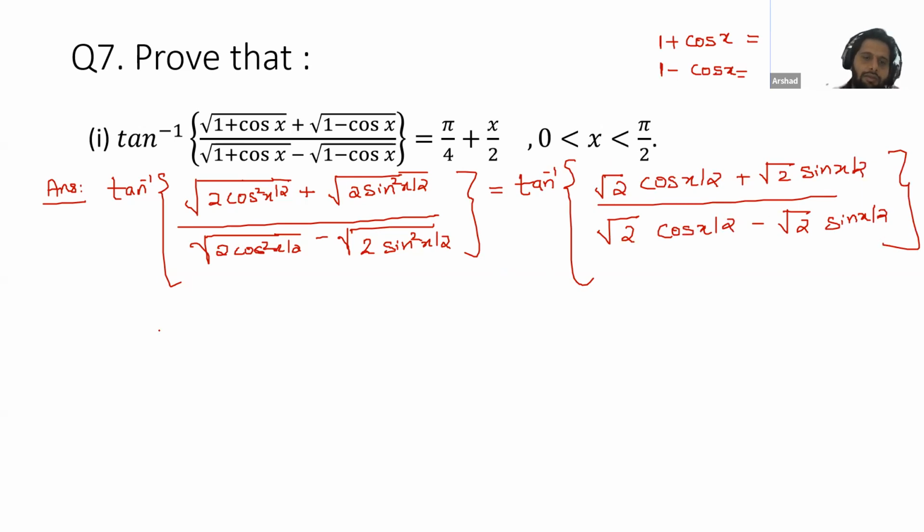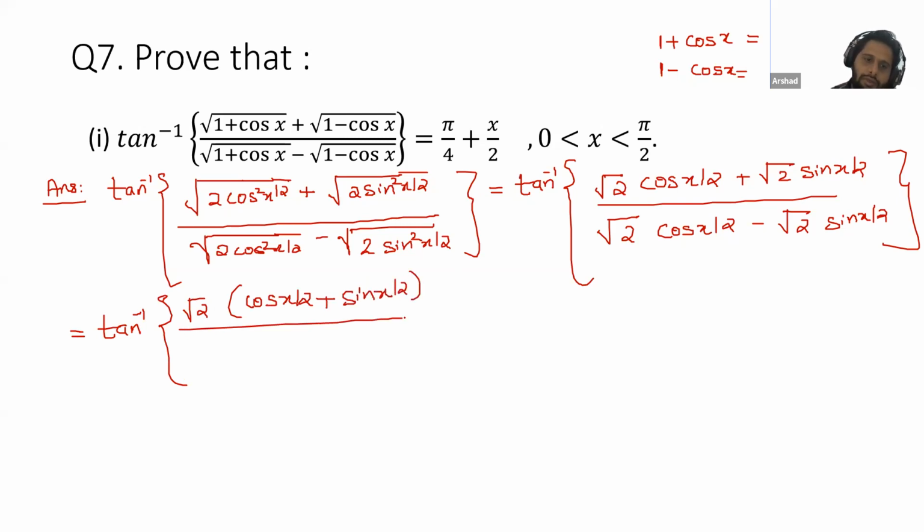Now this is equal to tan inverse. You can take out this root 2 common from the numerator, and here you will get cos x by 2 plus sin x by 2. In the denominator, you will again take under root 2 common. You have cos x by 2 minus sin x by 2.